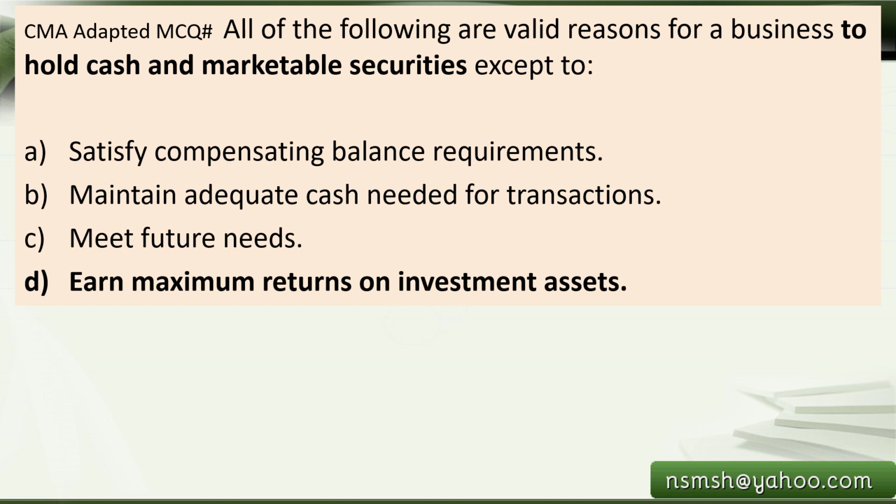This is the transaction motive. And C, meet future needs. This is also needed, cash for future unknown things. Option D says earn maximum returns on investment assets. So that is not a characteristic of holding cash and marketable securities.